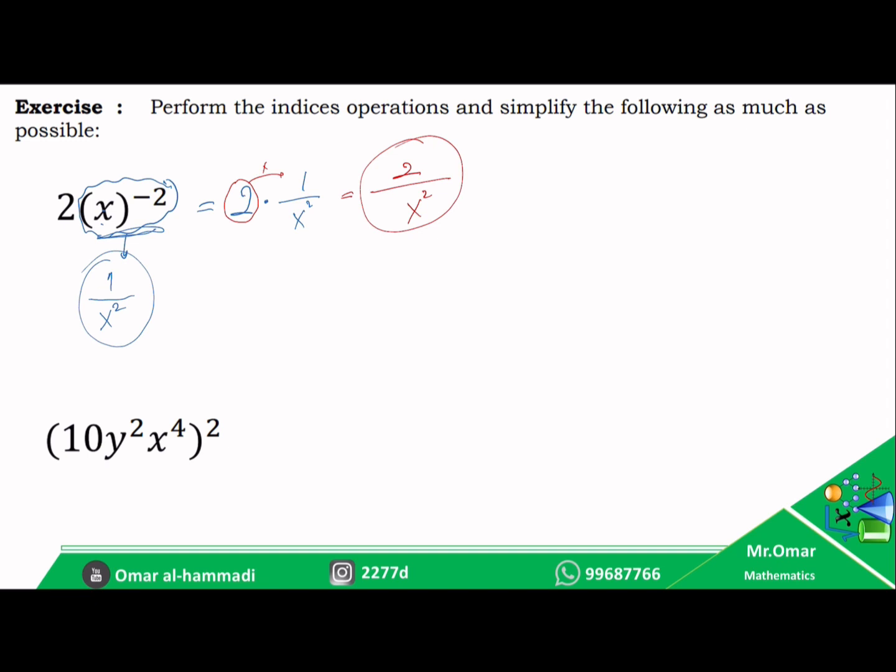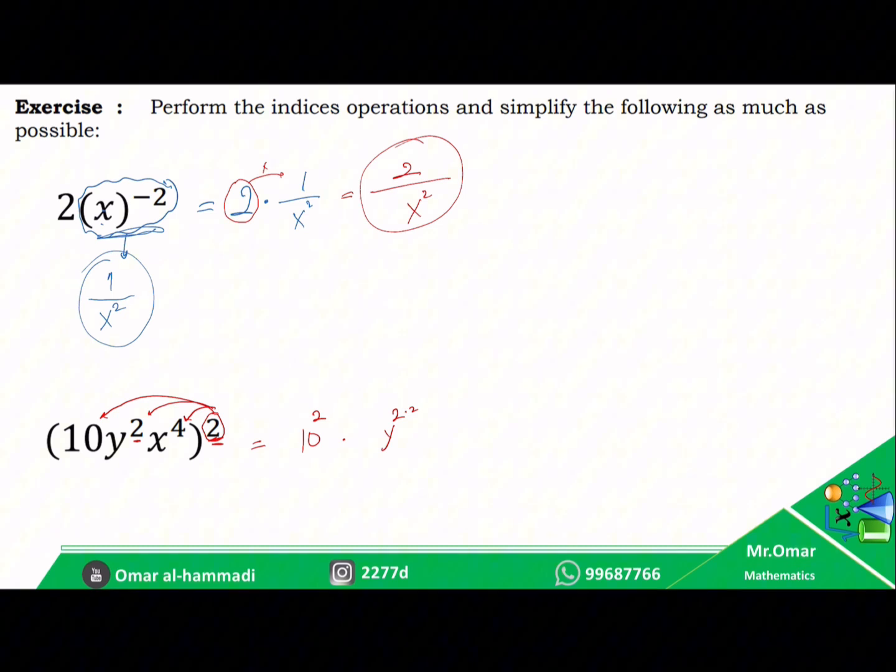The other one. Here we have just to distribute the powers for each term. This one and the other one and the other one. It will give us like this: 10 to the power 2 multiplied by y to the power 2 multiplied by 2, because here we multiply 2 by 2, we have to multiply them. This is the rules.